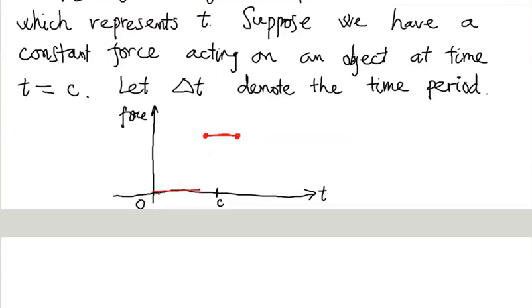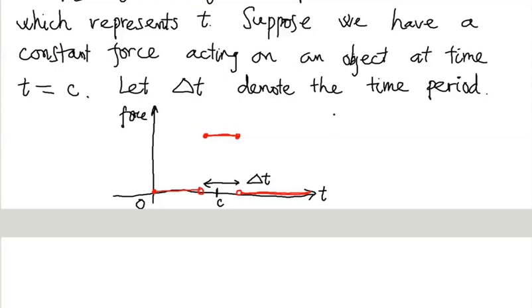It's 0 at the beginning, and then the constant force, and then 0 again. So recall, say, the action of a push on the swing, and this is the time interval delta t.